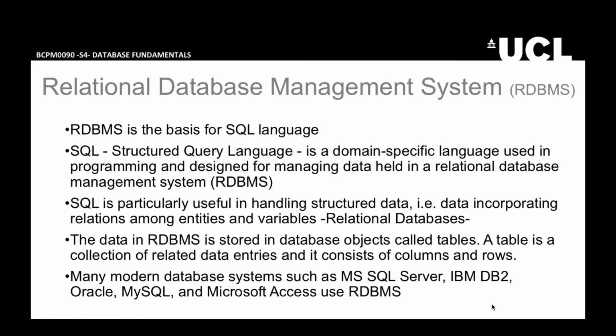So, in this type of management system, the data will be stored in tables. It means collections of data which are related through data entries, and that basically consist of a set of columns and rows. Many famous database systems such as Oracle, Microsoft Access, or MS SQL use this relational database management system.